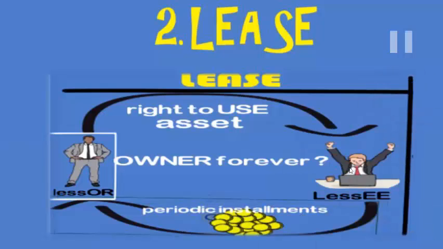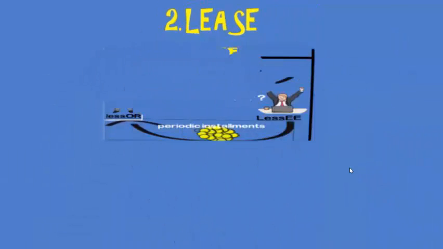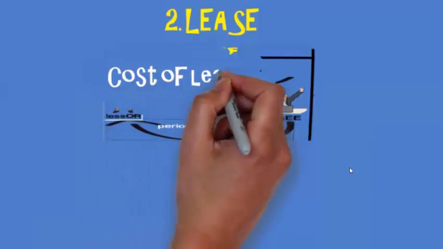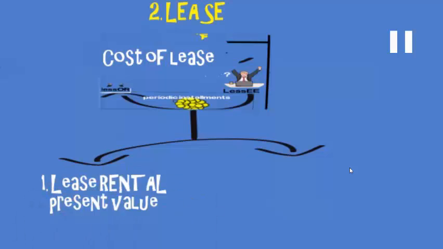The second option is taking the asset on lease. When the lessee takes the asset on lease, he is not the owner of the asset. He just gets the right to use the asset in return for periodic installments. So now we need to calculate the cost of lease. He is only getting the right to use, and what he is paying is the lease rental. So he is going to consider the present value of the lease rental, and this lease rental will be debited to the statement of profit and loss account.